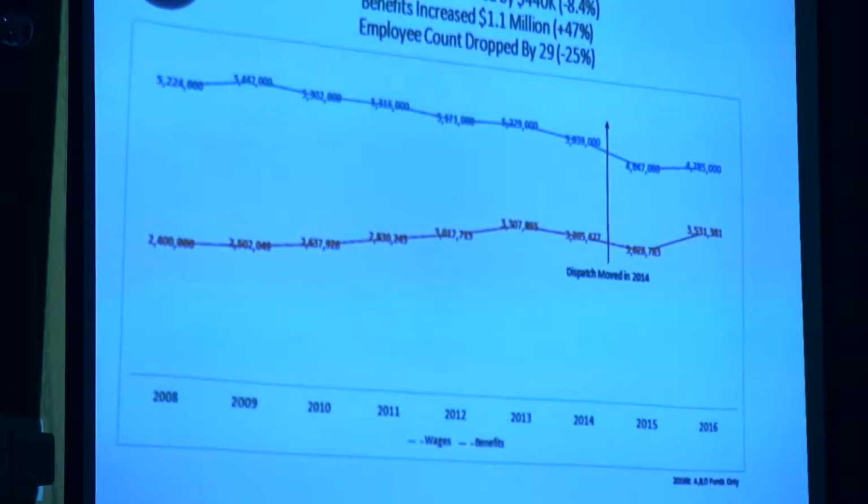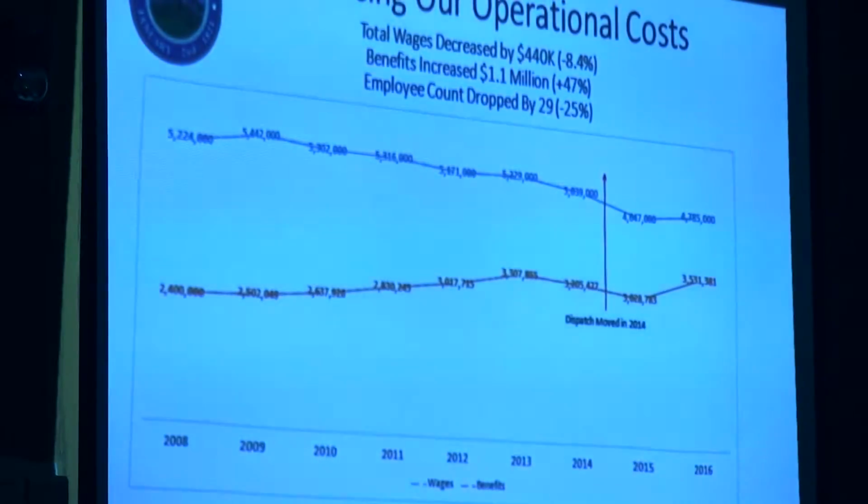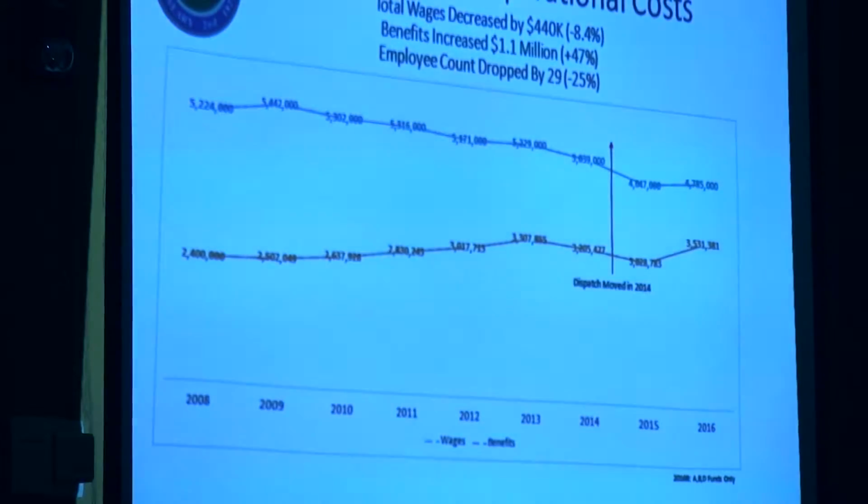But what really scares me when I look at this is benefits have actually increased, even in the face of losing almost a quarter of your employees. That's a significant challenge for a town or any organization to watch that red line. I know it's difficult to read, but to watch that red line creep up like that.